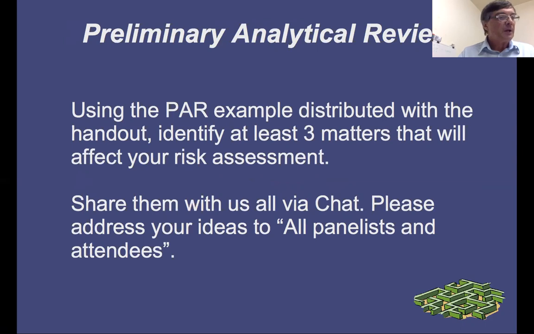Okay, so we'll do some preliminary analytical review. Now, I distributed last week with the copies of the slides an imaginary PAR example, PAR, preliminary analytical review. You may have already had a look at this to prepare yourself. On the other hand, you may be picking it up just now, or you may even be thinking, oh, heck, where's that email?